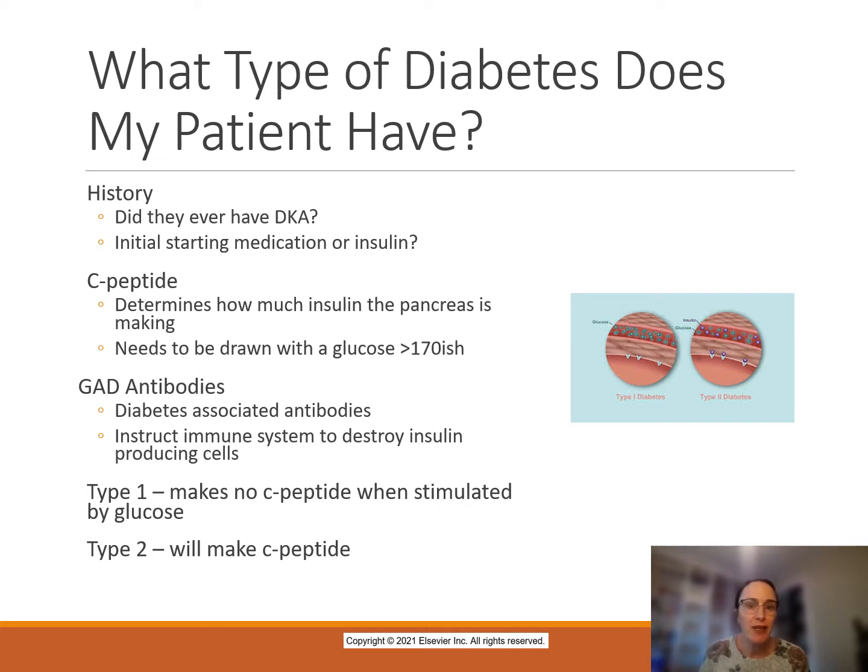But as everything goes, the pancreas could be in the process of failing and just hasn't failed, so you might still have some C-peptide present. So essentially, type 1 diabetes, or lack of insulin production, is when there's no C-peptide being made by the pancreas, and in type 2, you will see C-peptide.